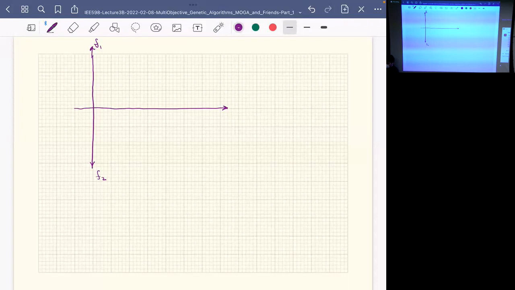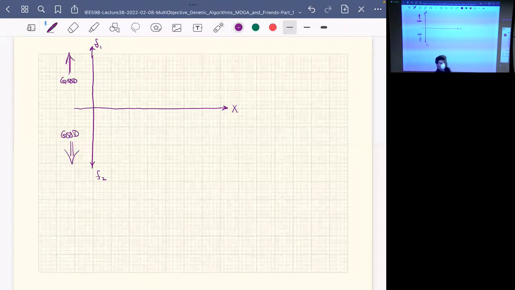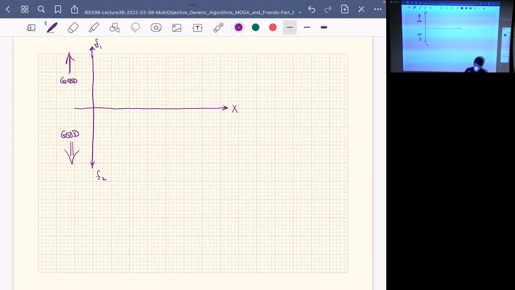I will say that it is good to be in this direction on F1, and it's good to be in this direction on F2. And I've got some variable X, and let's say that if I plot F1 over all values of X, I get something that maybe looks like this.